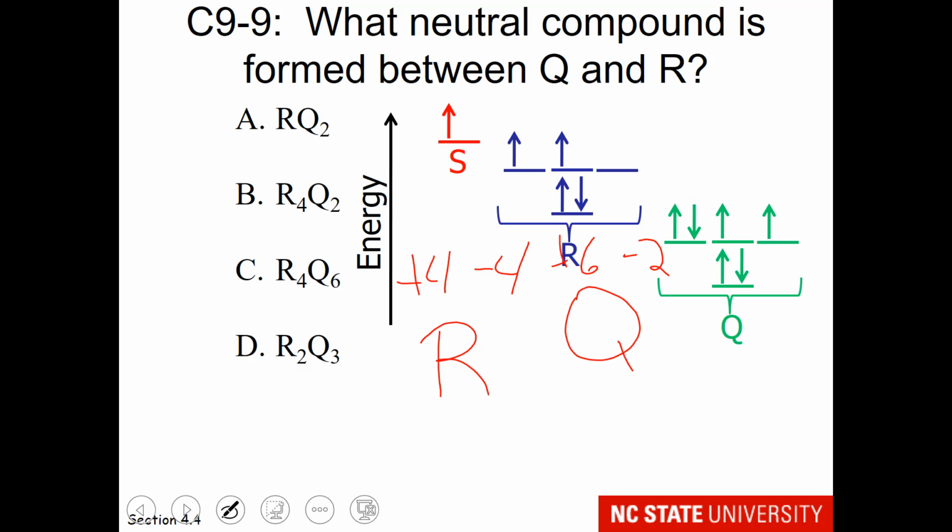Now you need to think about which way the electrons will go. Will they go from Q to R, which is uphill, or from R to Q, which is downhill? And don't forget, once you crisscross, you can simplify this ratio.